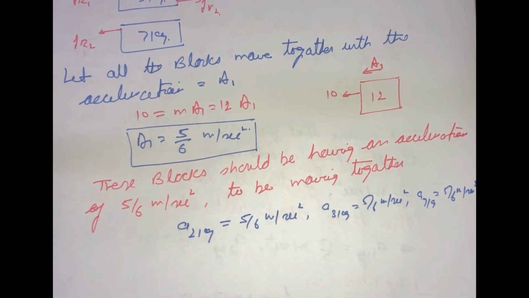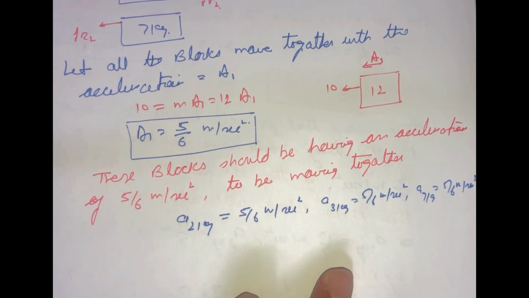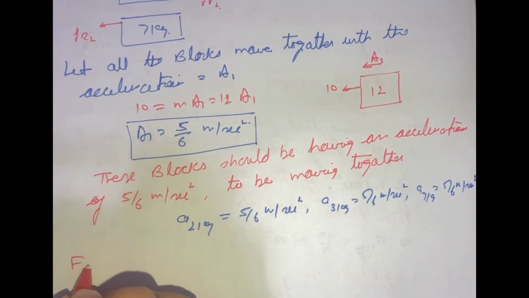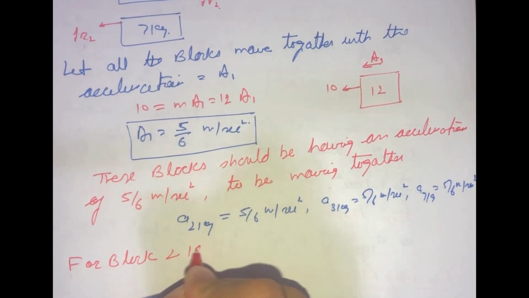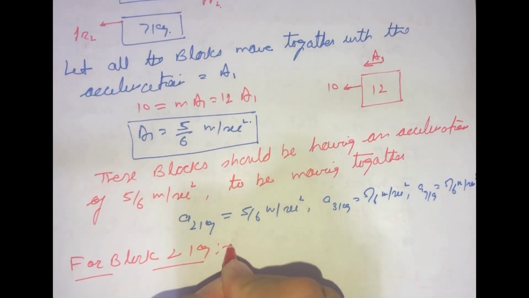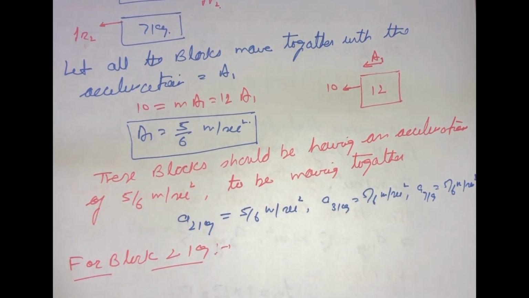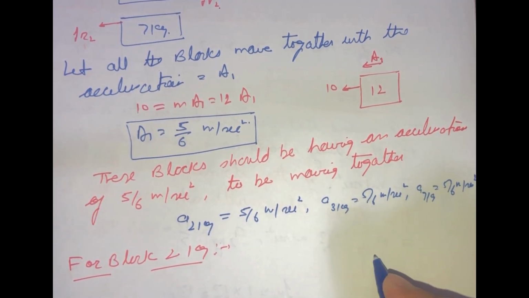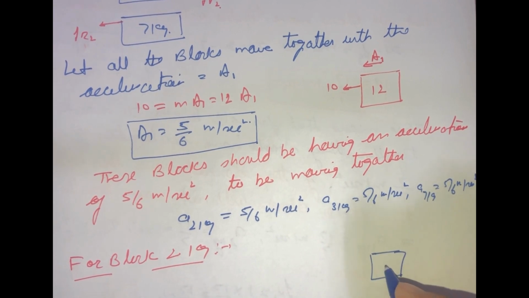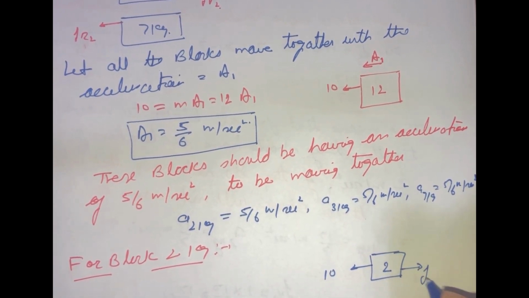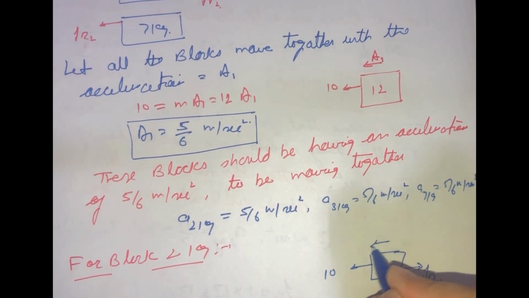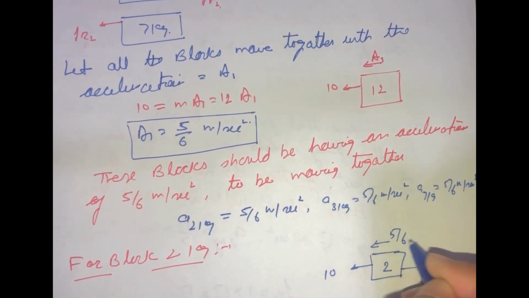Okay, so let us first of all solve for the block of 2 kg. For the block 2 kg, a force is acting in this direction, that is of 10 Newton, and we have Fr1, and acceleration is given as 5/6.